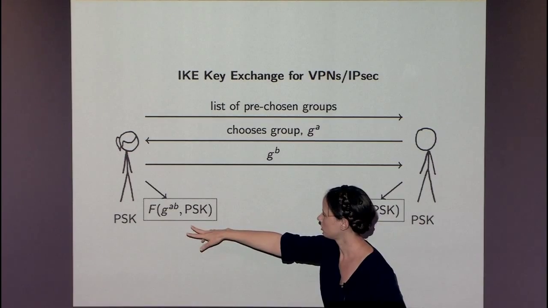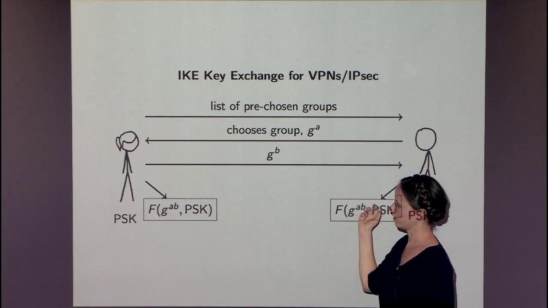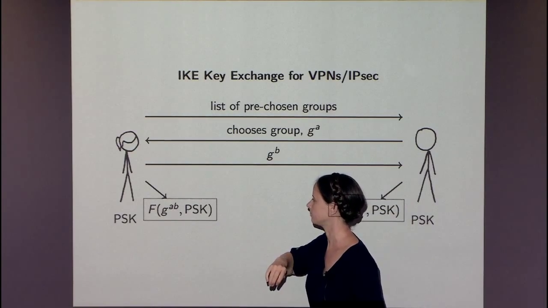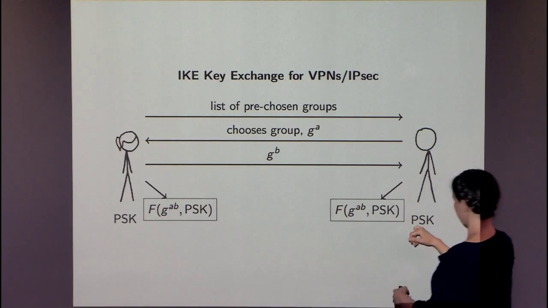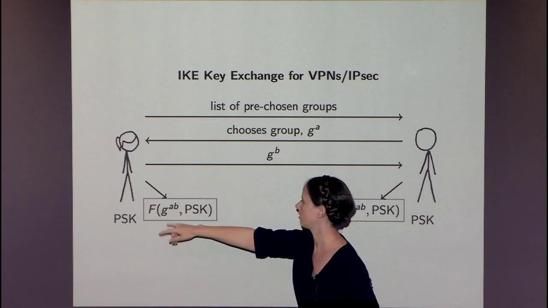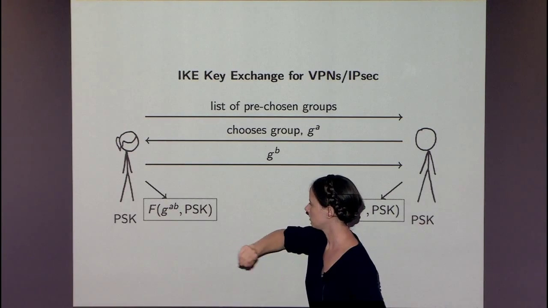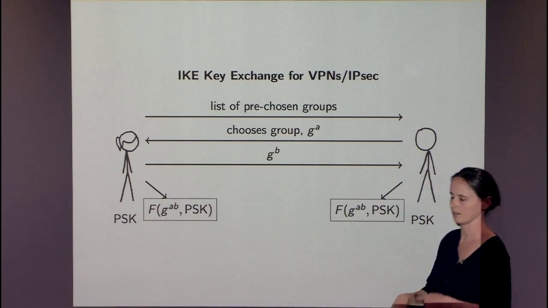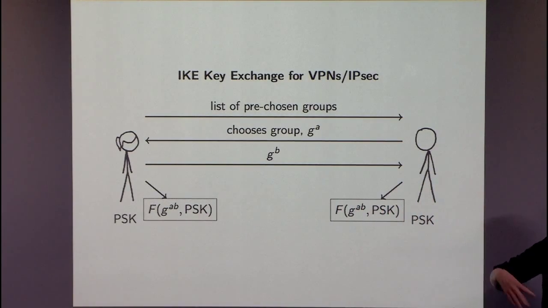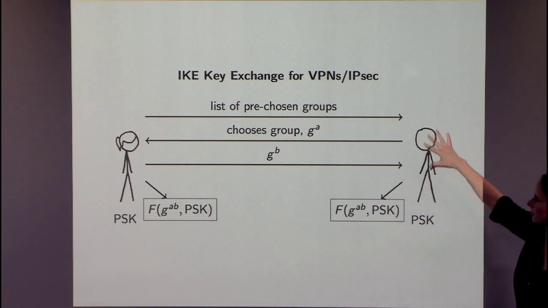And then in order to transition to encrypted traffic, they both have a pre-shared key, and then they apply a PRF to the negotiated Diffie-Hellman secret and the pre-shared key, and they derive their shared secret, and then they move to symmetric encryption. So this is kind of what it looks like.